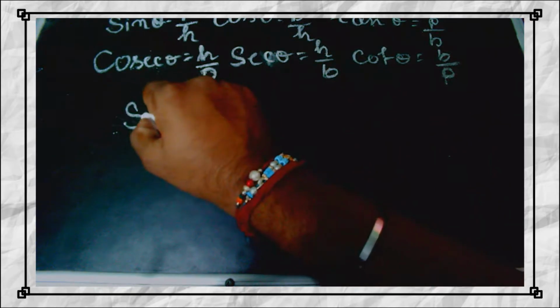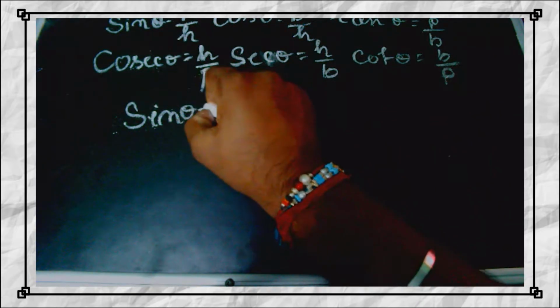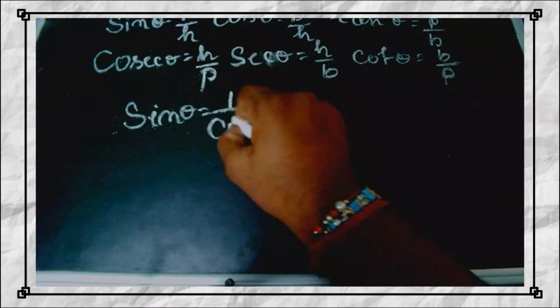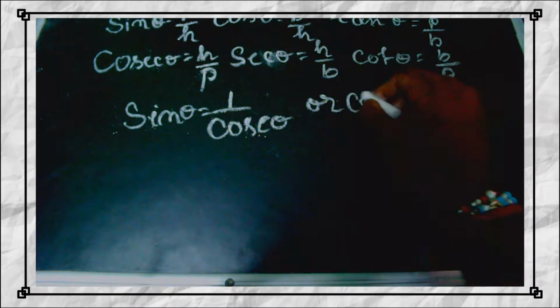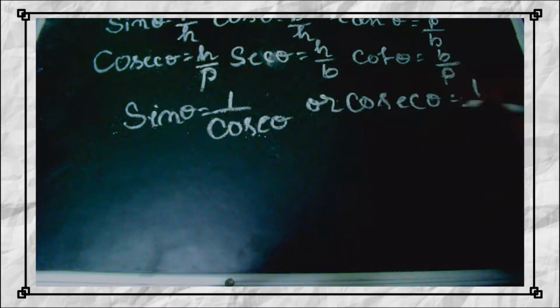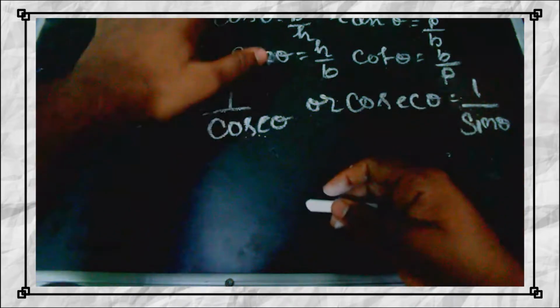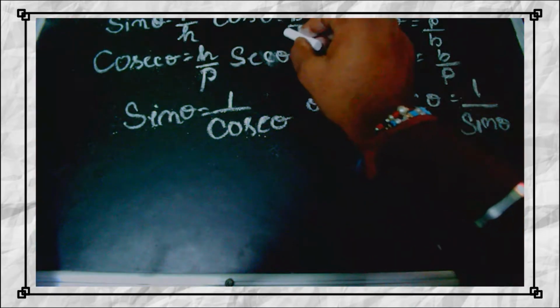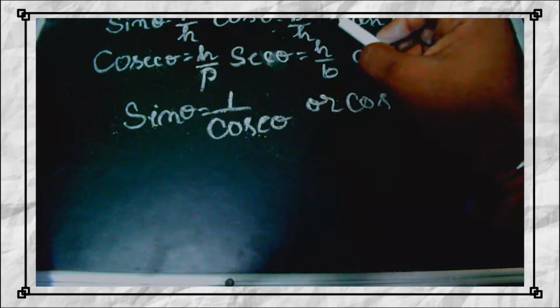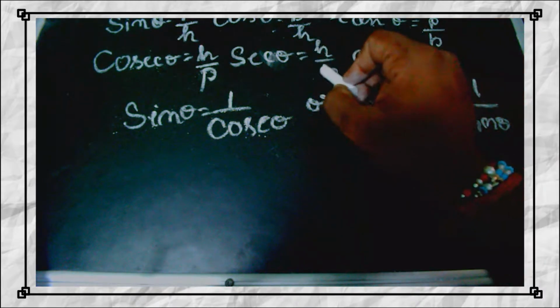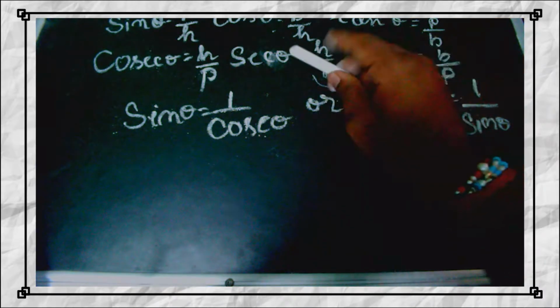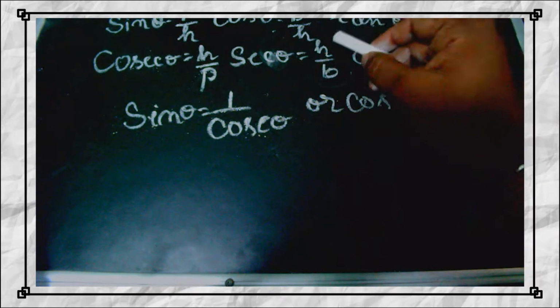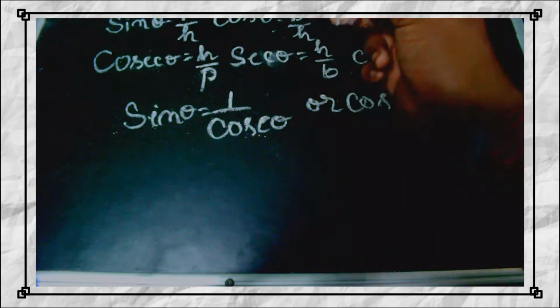So we can write that sin theta equals 1 by cosec theta or cosec theta equals 1 by sin theta. Similarly, cos theta equals base by hypotenuse, whereas sec theta equals hypotenuse by base. So sec theta is actually the reciprocal of cos theta.